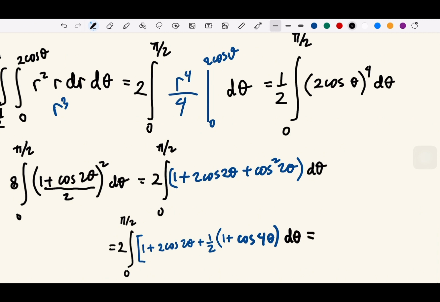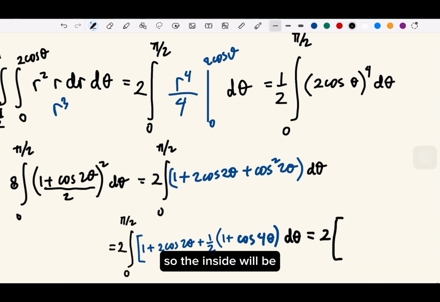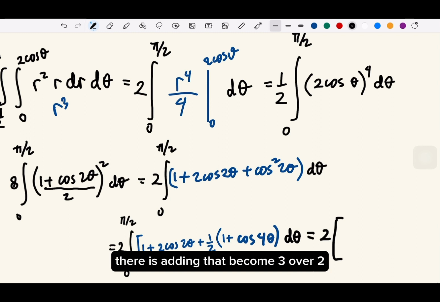Now this will be 2, and we can integrate one by one. So the inside will be, we have 1 plus half, I will directly add that and it becomes 3 over 2. So this will be 3 over 2 theta.